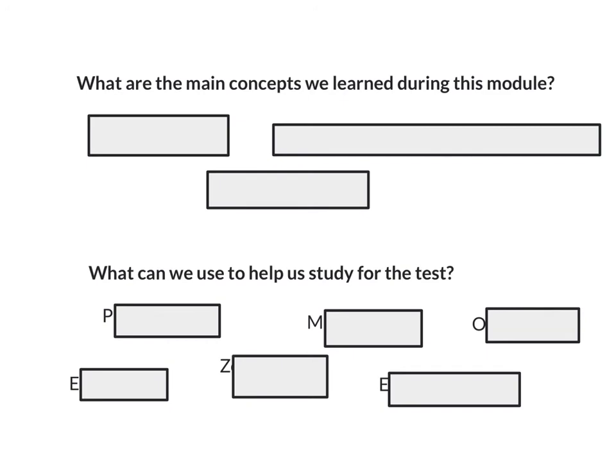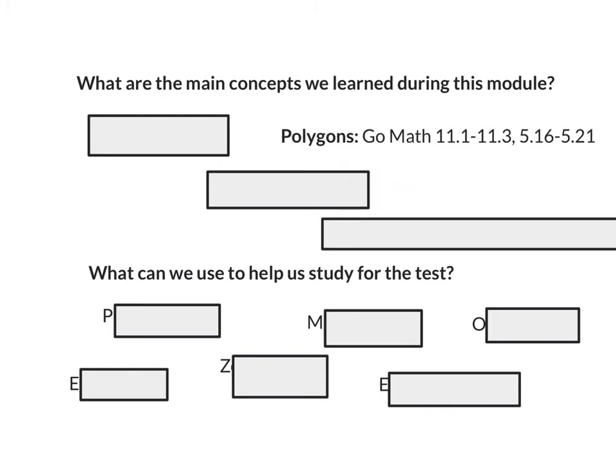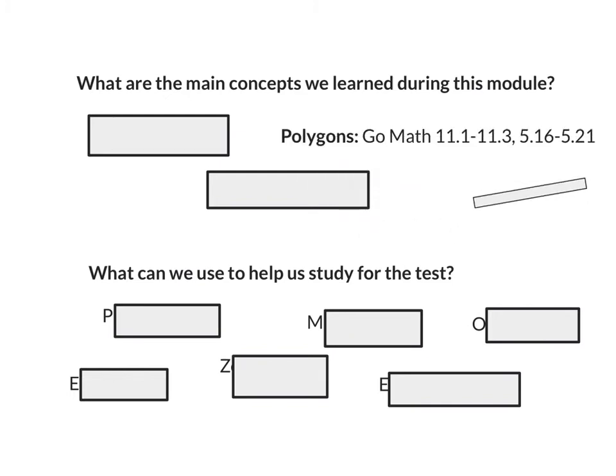What are the main concepts that we learned during Module 5? What's one of the main concepts? Sonatin? We learned about polygons. Polygons. And that was from Go Math 11.1 and 11.3, right? And also 5.16 and 5.21, like those lessons in Go Math and Eureka Math. Yes? Okay, what's another one of the main concepts we learned about? Ani?